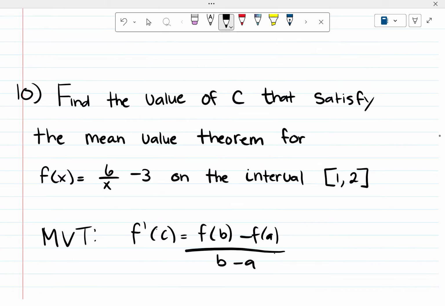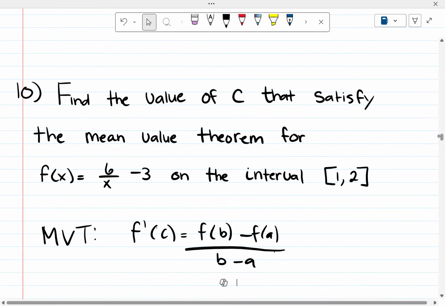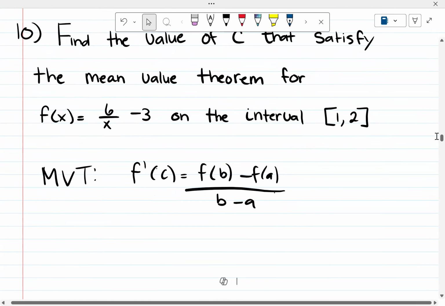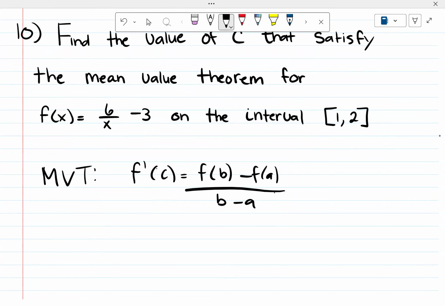But before you can even use the mean value theorem, you've got to satisfy some conditions, right? First you've got to check if it's continuous everywhere.